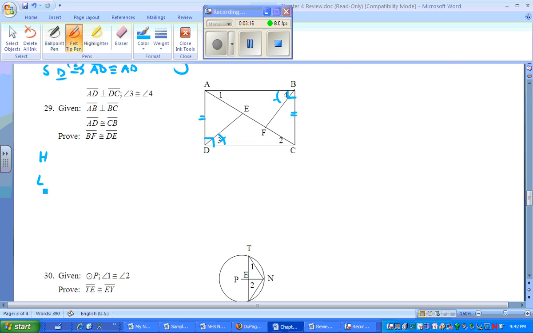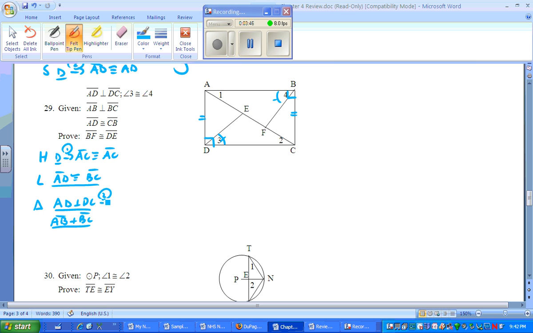So we can do HL triangle. The hypotenuse is from the diagram. AC is congruent to AC. We have the leg, which is AD being congruent to BC. And we have the right angles being formed from AD being perpendicular to DC and AB being perpendicular to BC.